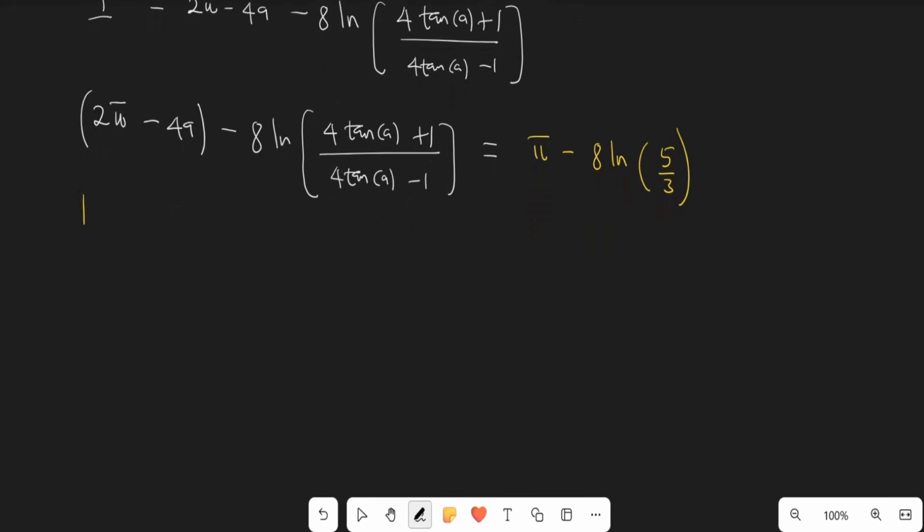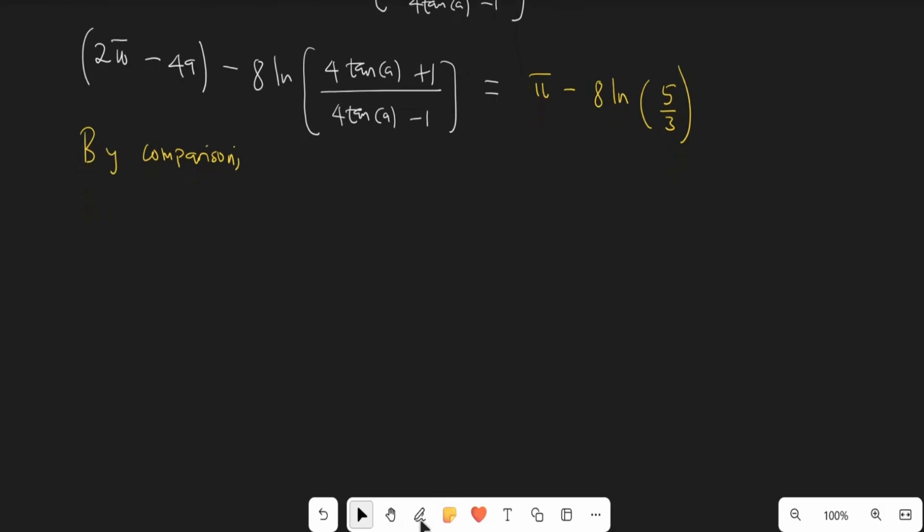So by comparison, we can see that 2 pi minus 4a is the same as the pi we have here, so we have this equal to pi. We have 8 equal to 8.